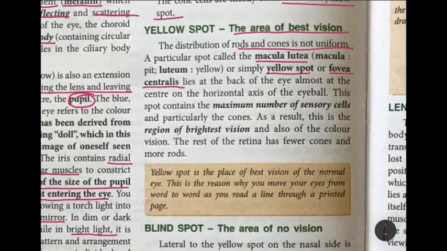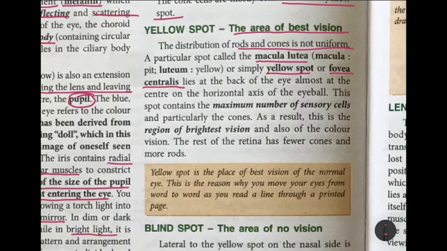You will see that this spot lies at the back of the eye, almost at the center, straight from the pupil. If you take a straight ray of light right behind your eyeball, you will see this spot, which is known as the yellow spot, macula lutea or fovea centralis.